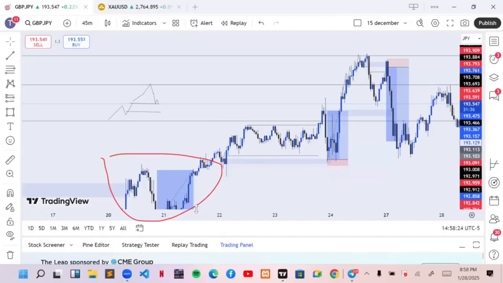Okay, my other question is, let's say price is coming from a support level and it's heading to a resistance level, you are meant to keep buying. And let's say it's on a 4 hour time frame, a higher time frame. What if it taps your resistance level and starts selling?